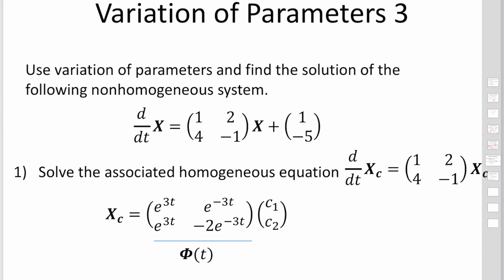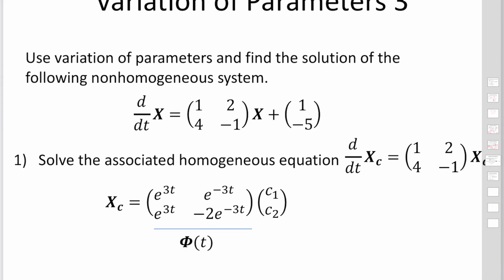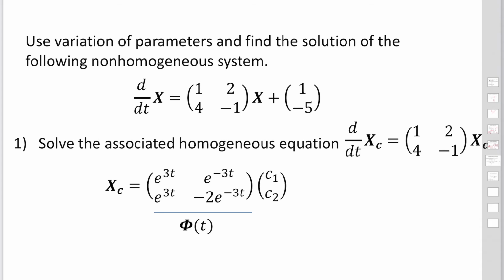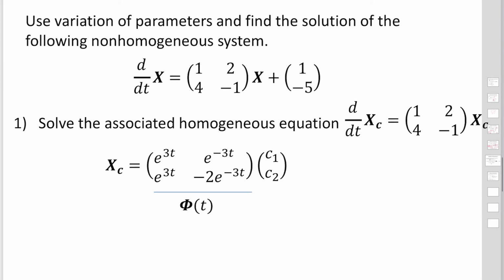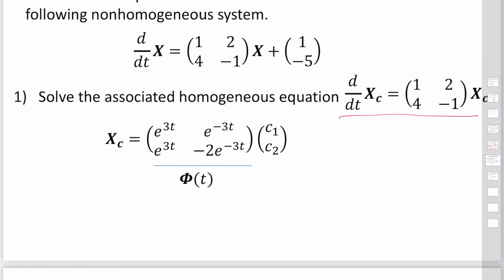So this is an example. Use variation of parameters to find the solution of the following non-homogeneous system. As a first step, we need to find the solution of the associated homogeneous equation. We have discovered these solutions: x sub c is expressed as c sub 1 (1, 1) e^(3t) plus c sub 2 (1, -2) e^(-3t).